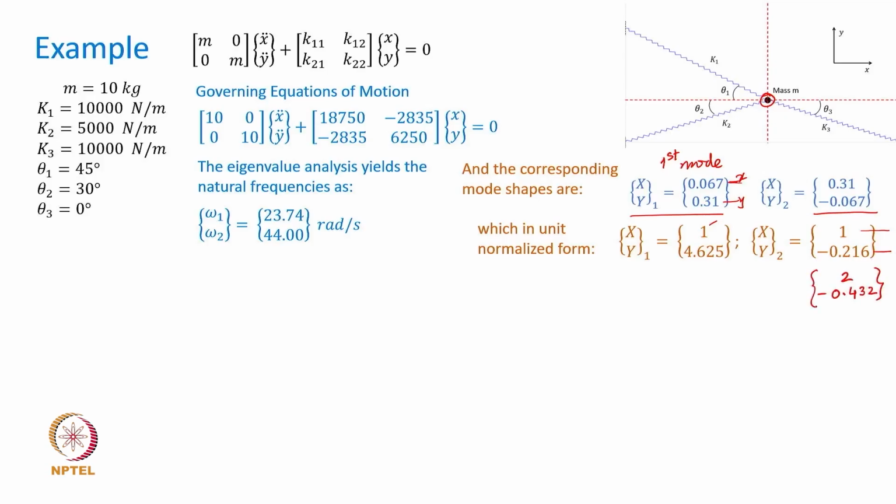That means the mode shape is not an absolute displacement value, it is always a relative displacement of the degrees of freedom that you talk about.